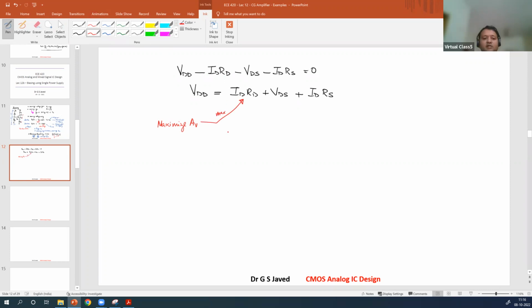Next, you minimize distortion by maximizing VDS. Then you have this IDRS, you minimize sensitivity.